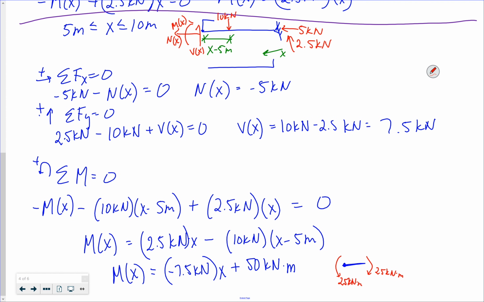Okay. Yep, that's right. Okay. So those are my shear and moment and axial functions.